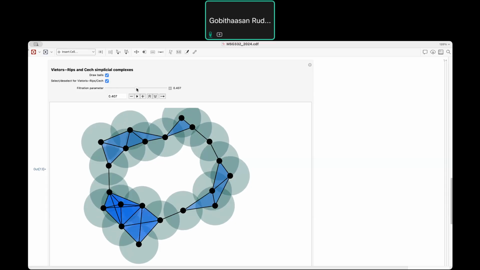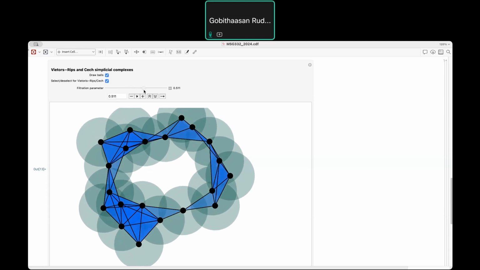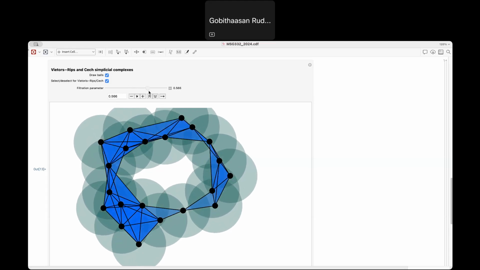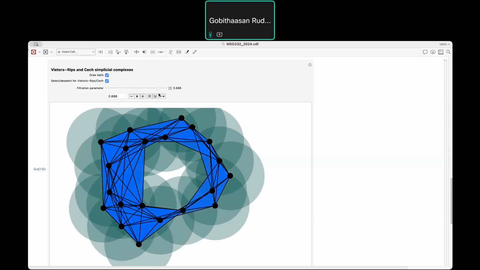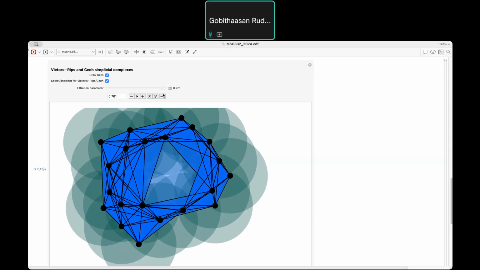Now we can keep increasing. The big hole is still persisting as the radius keeps increasing, and we keep keeping track. At roughly 0.8, the death of the big hole can be seen clearly.